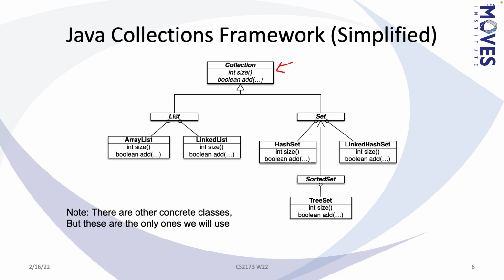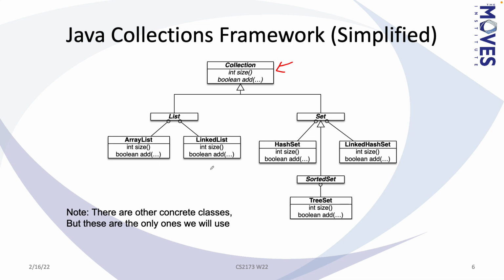And so a List interface extends the Collection interface. So every list is a collection, but the list is still an interface. And there are two concrete implementations of the list interface that we will be interested in. One is ArrayList, which we've seen already, and the other is LinkedList, which we'll talk about in a moment.